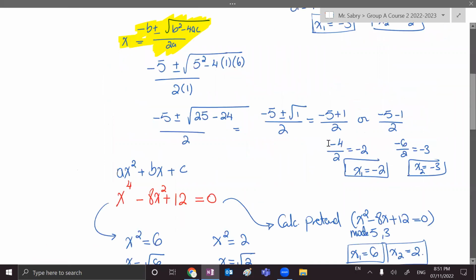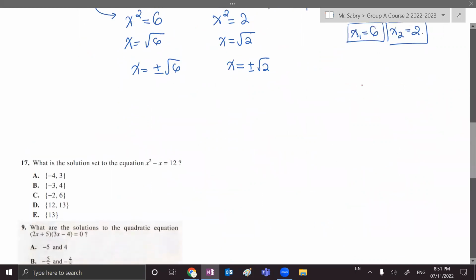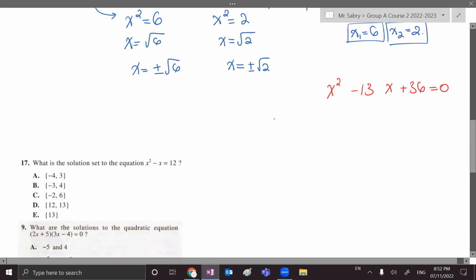Imagine we have x to the power of 2 and then minus, let's say... So is this a quadratic equation or not?